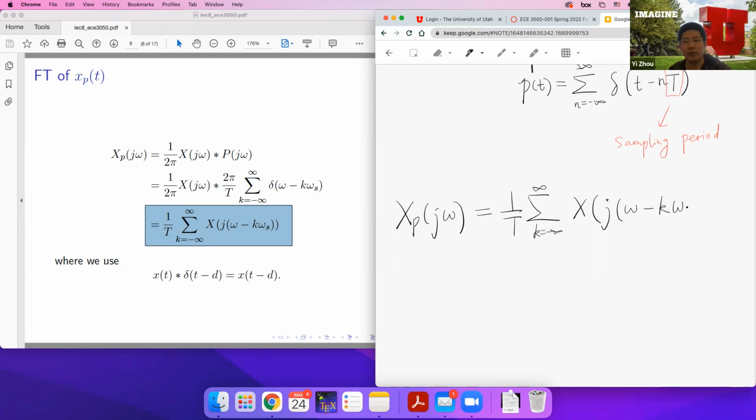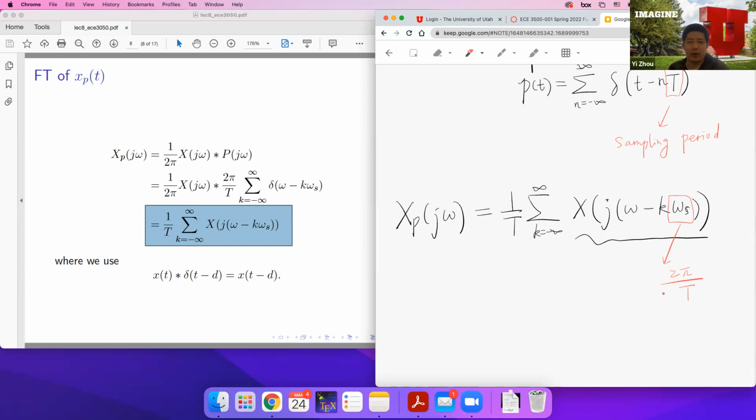All these X(j omega) terms are different copies of the original spectrum, and each copy is shifted by a certain frequency shift. Here, omega_s is given by 2 pi over T, and is called the sampling angular frequency.